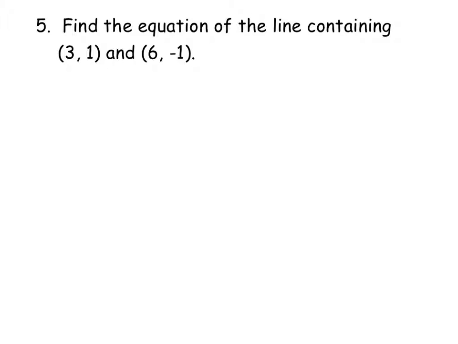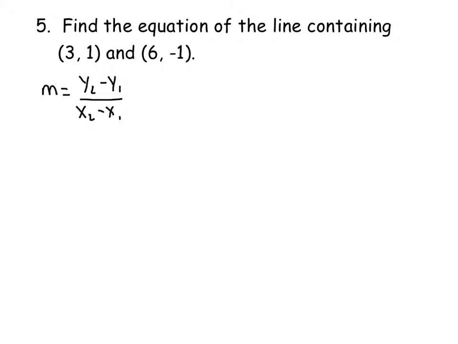First off, we need to find the slope for this line. To find the slope, we need to use the slope formula. What is the slope formula? Slope equals y sub 2 minus y sub 1 over x sub 2 minus x sub 1.